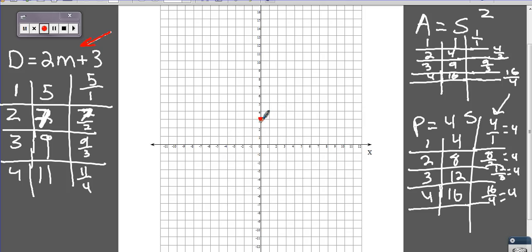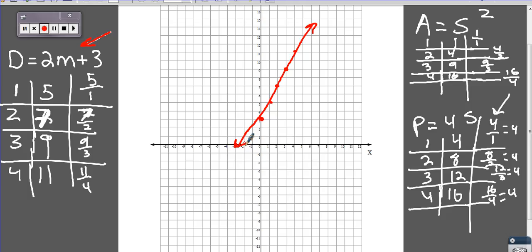Sitting down in the taxi costs you $3, right? That's 0, 3. Look at your other numbers. 1, 5. 2, 7. 3, 9. 4, 11.